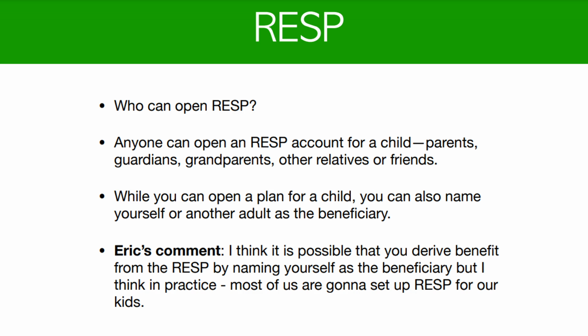So anyone can open an RESP account for the child: parents, guardians, grandparents, other relatives, or friends. It's good to know that more than one person can open an RESP account, which is great. And while you can open a plan for a child, you can also name yourself or another adult as a beneficiary.